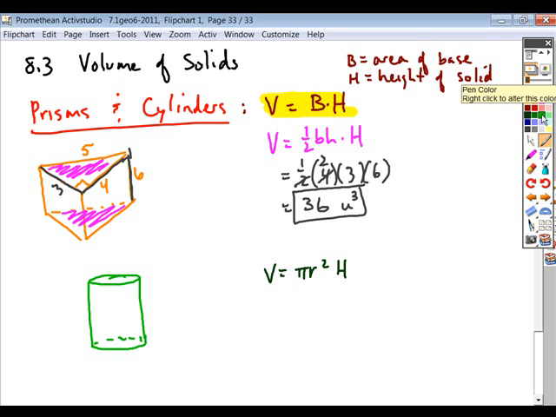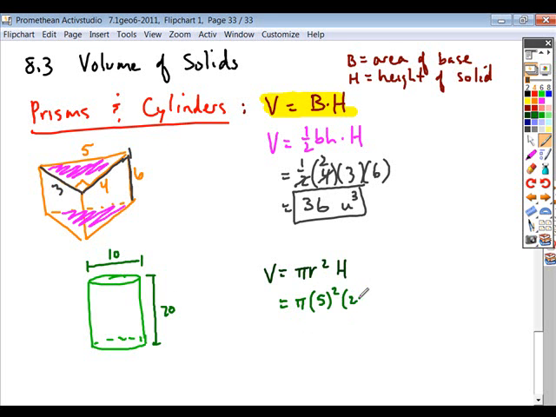So if we're working through this problem, we can plug in some values here. Let's say this whole measure is 10, this whole measure 20. If you're looking at this, what's the radius going to be? The radius is 5. And then the height would be 20.